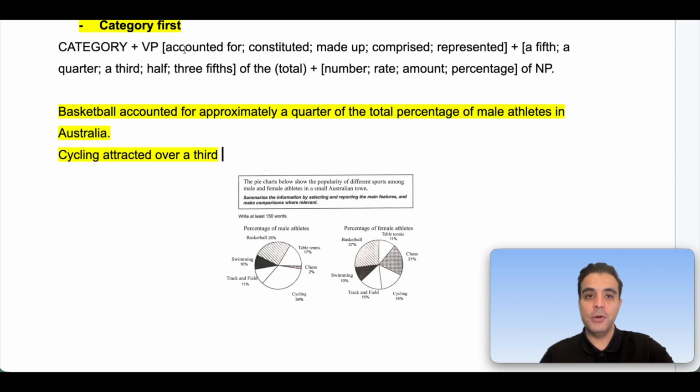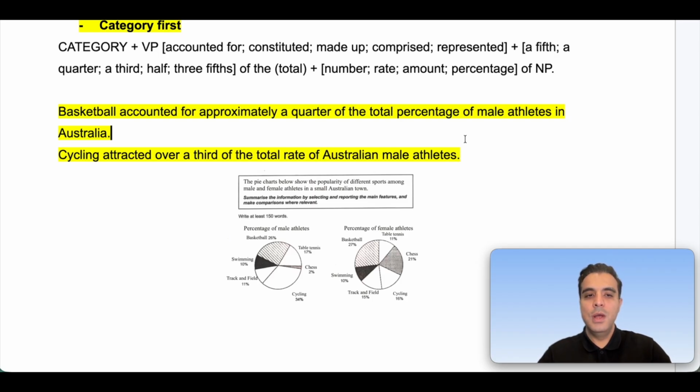Which would be the third. And so a third, that is my proportion. And then I'm going to say of the total, right? So a third of the total, right? And then I can use something like rate of the total rate of Australian male athletes.